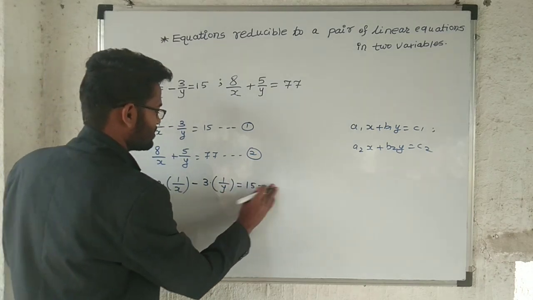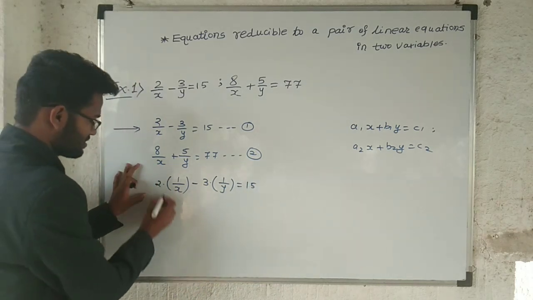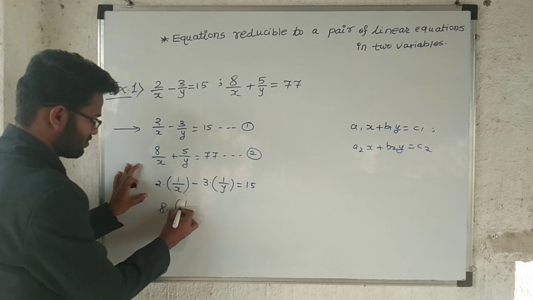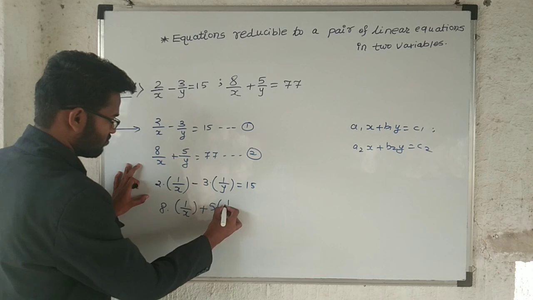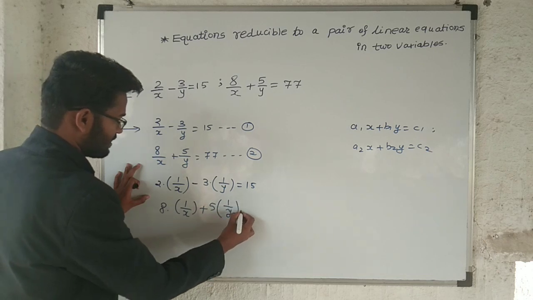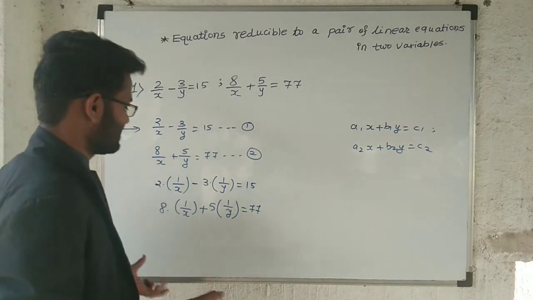There is no change, just the method of writing is changed. Next, 8 into 1 upon x plus 5 into 1 upon y is equals to 77. So this is an adjustment.